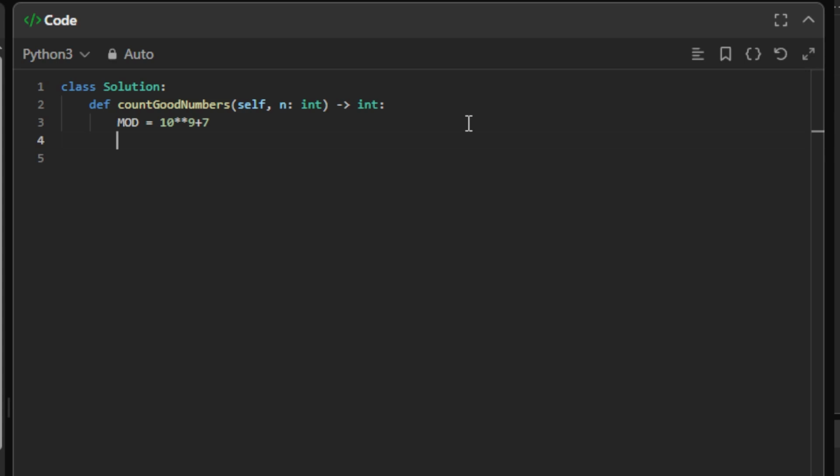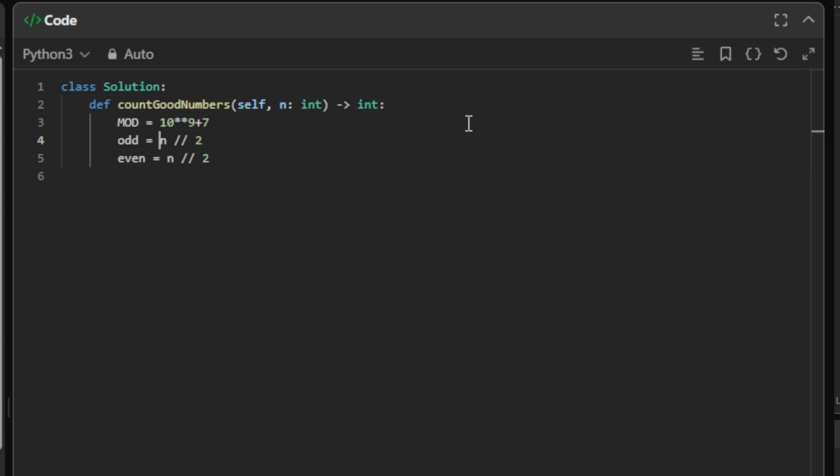So we'll have n divided by 2 odd numbers, and n divided by 2 even numbers. So odd numbers will be n divided by 2, and even numbers n divided by 2.